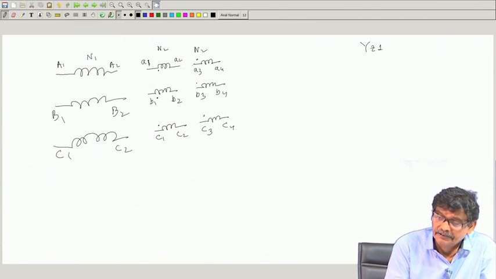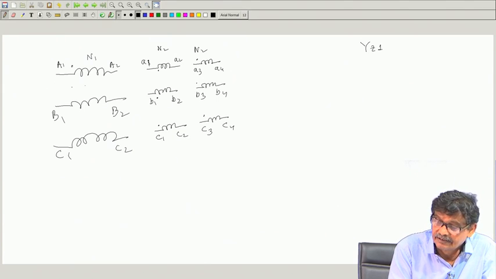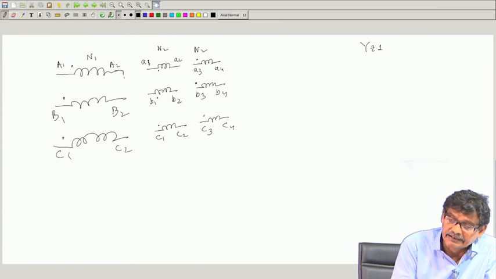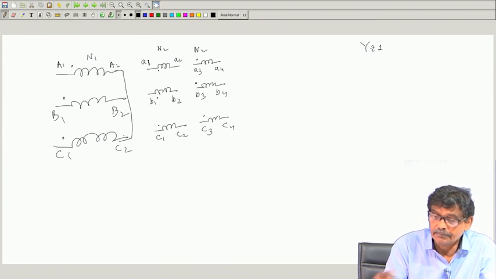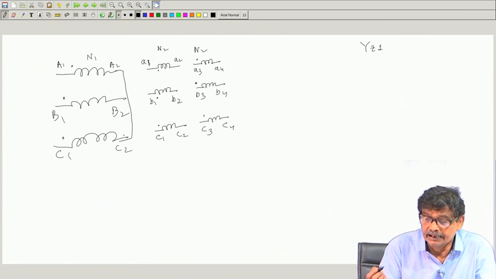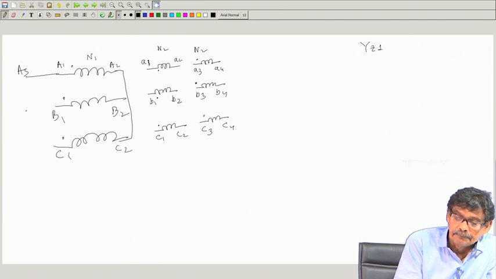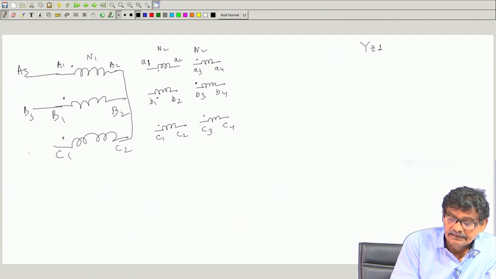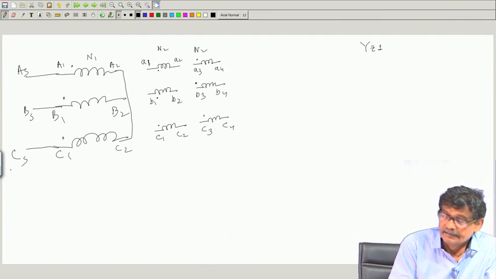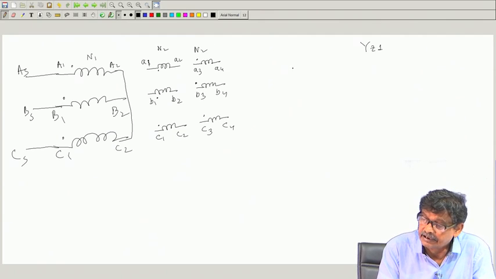Relative to its primary, this is one set, this is another set and this is another set. Suppose I connect these two in star, because primary is to be connected in star, then I will connect these two supply AS, BS and CS. And your primary phasor diagram will be very simple like this.